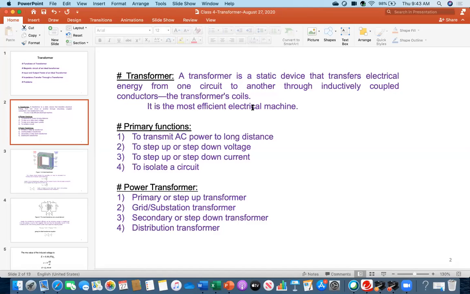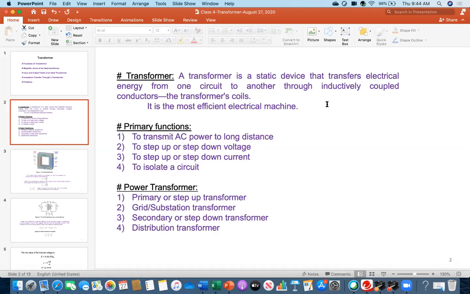But in a transformer, efficiency is always high, at least 95% or much higher, close to 100%. Why? Because by that definition, it transfers electrical energy from one circuit to another. This means it is electrical to electrical conversion.